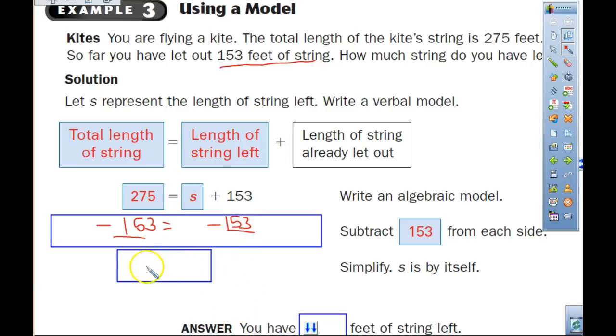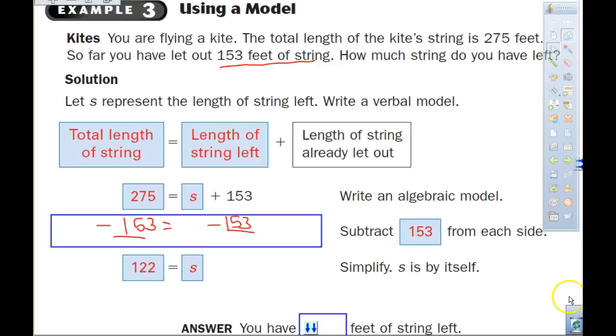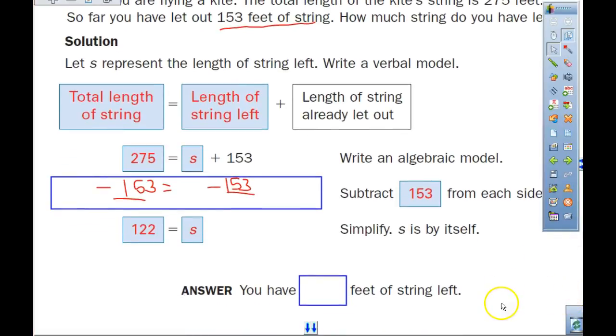So what are we looking at for our answer? 275 minus 153 leaves us with 122 for S. They're not hard problems. You know how to do the math. I just need you to show this step. So answering the question, you have 122 feet of string left.